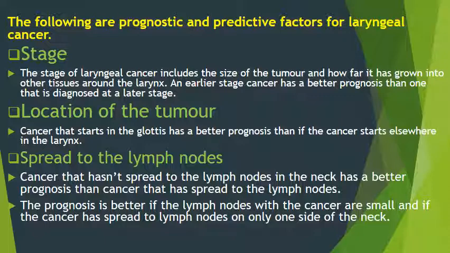The patient comes to say that I'm coughing with streaks of blood because of the ulceration, and sometimes pain, especially if the tumor is ulcerating and invading underlying or surrounding structures.